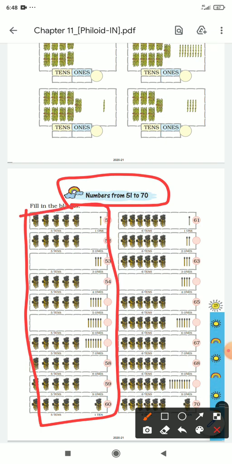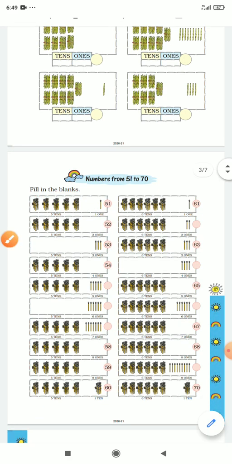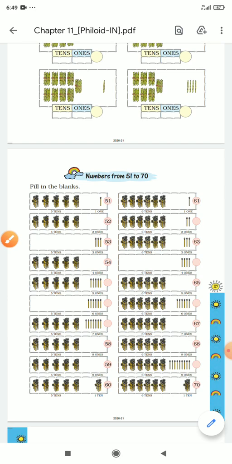In this box, bunches are given, plus single matchsticks are also given. So we have to count the matchsticks and bundles, and we have to write the numbers in the given circle. If you see here, 51 is written.